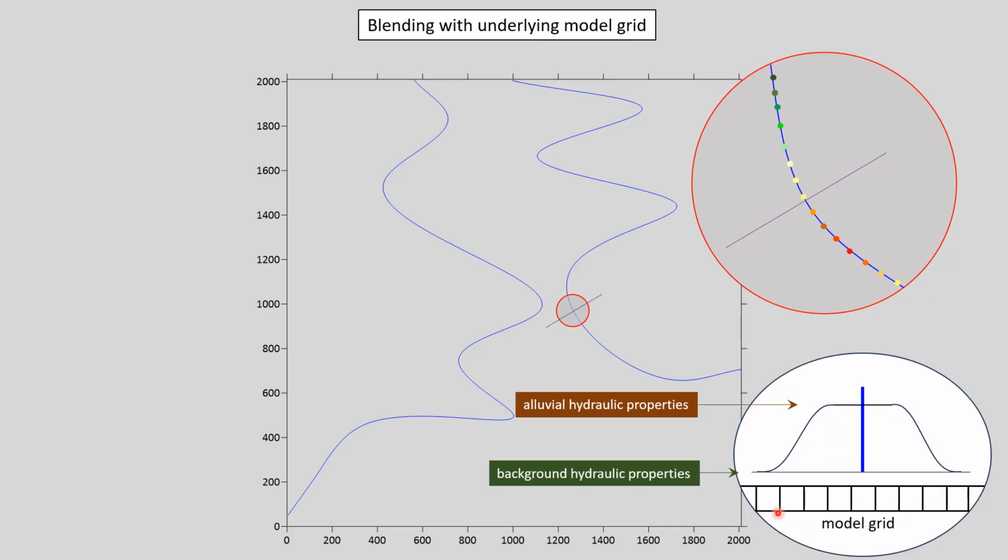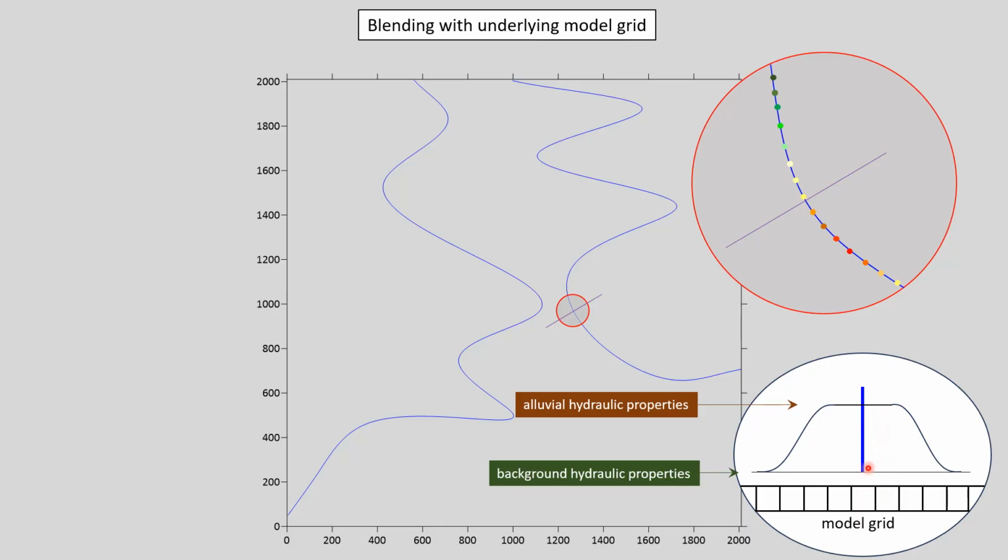Along that cross section, here's the underlying model grid. Now, close to the alluvial channel, with a width defined by the alluvial channel width, which we can assign as part of this process and which can vary along the channel if you like, hydraulic properties of the underlying model grid are the same as those of the closest point on the channel.